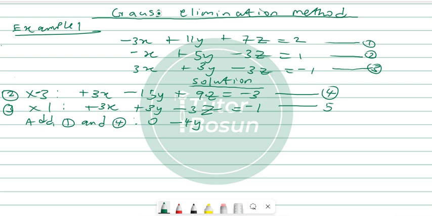And when you add 7z and 9z together, you are left with 16z. So minus 4y plus 16z equals minus 1. So let's call this equation 6.